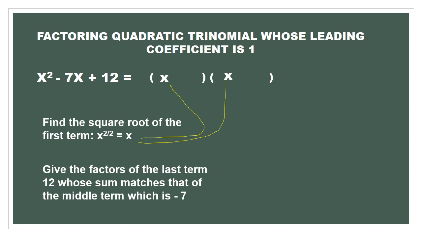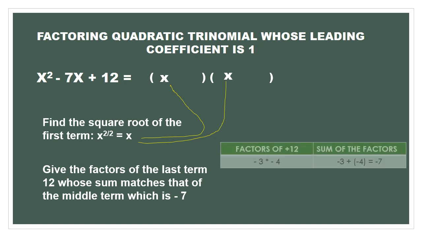This time, positive ang ating last term, pero ang ating middle term is negative. So, ibig sabihin, ang ating factors dapat ay parehong negative. Okay? Sundan ulit itong table. Ang factors of positive 12 is negative 3 and negative 4. That is equal to positive 12.